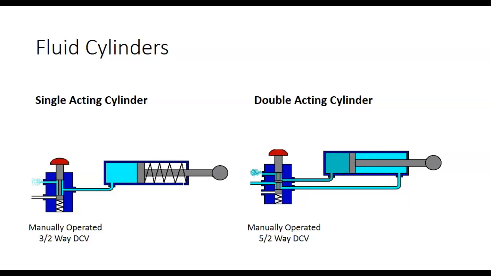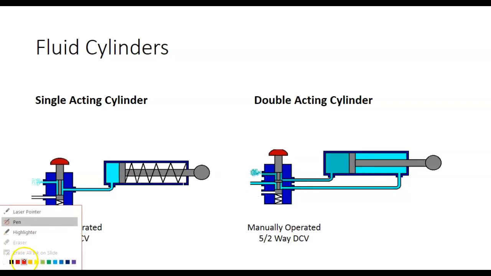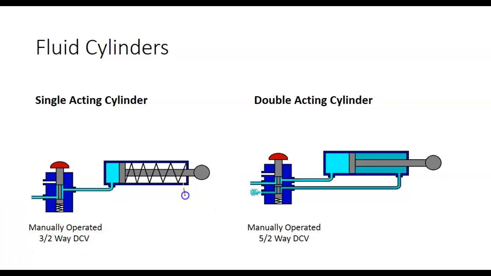What we call a single acting cylinder. These exhaust themselves. I don't know if y'all can see it or not, but there's a tiny little hole right here. So it exhausts itself.